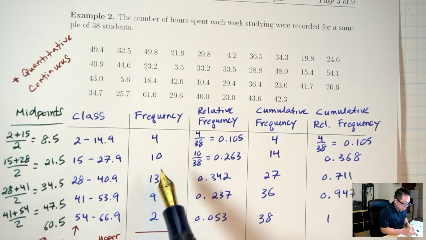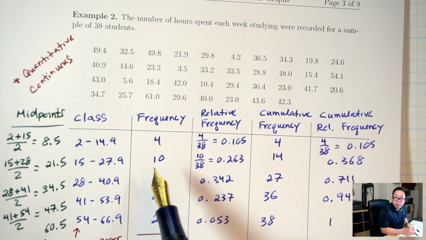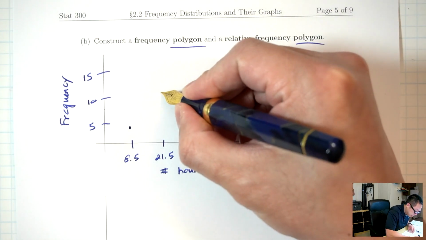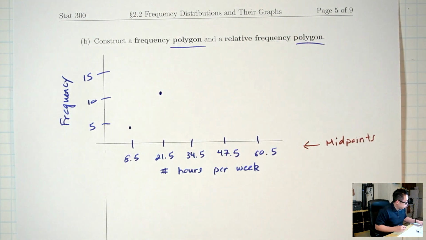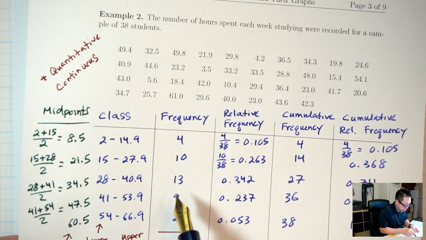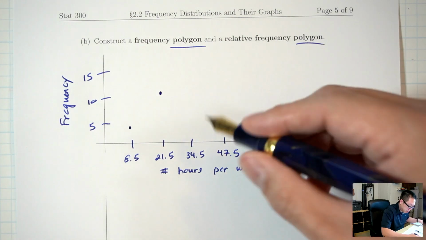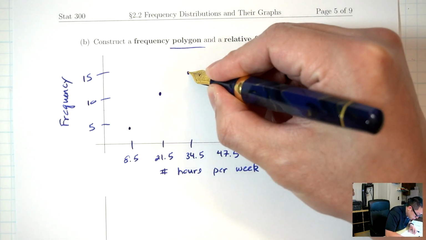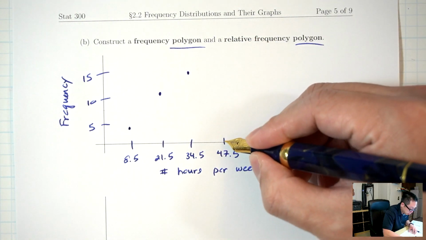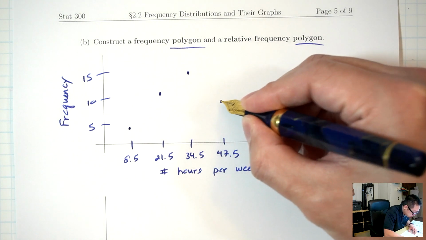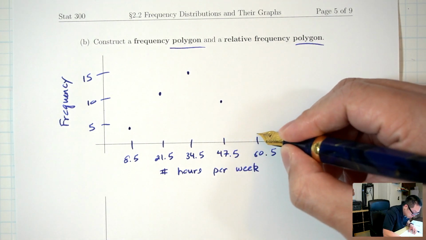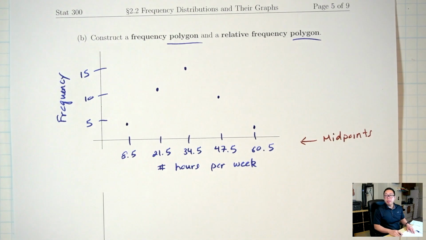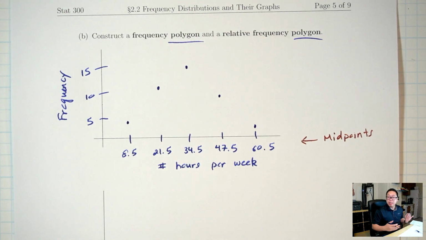21.5, frequency is 10. So draw a dot at height 10. 34.5, frequency is 13. Draw a dot at height 13. And then the next one is at 9. And the last one is at 2. Okay, dots and lines, connect these with lines.